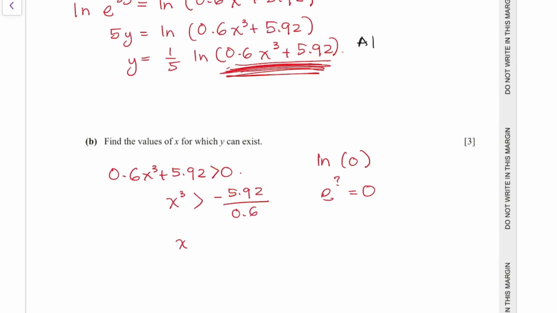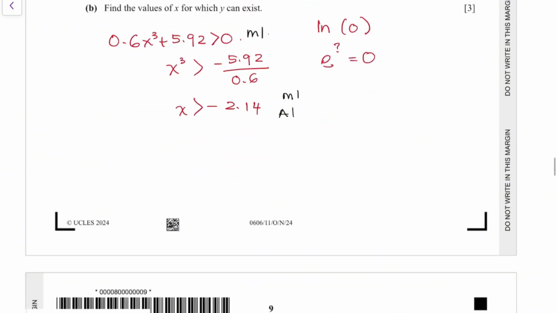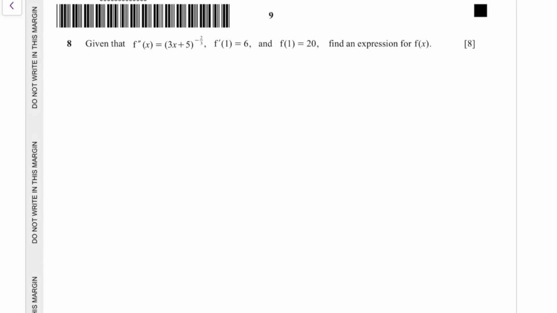That means your x must be greater than negative 2.14. How do you get marks for this? You get the first mark when you use whatever inside your ln. This is your m1. Second mark is when you are able to have x more than negative 2.14. This is a method mark in finding that, and then correct answer is your last mark, A1. Altogether, 3 marks.